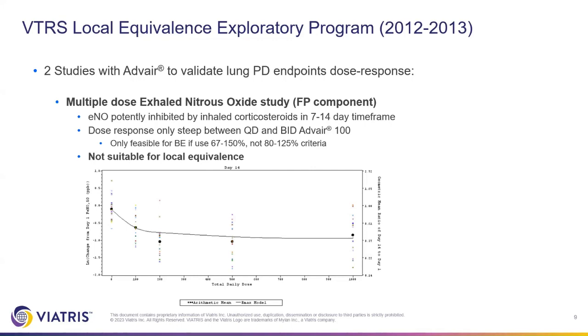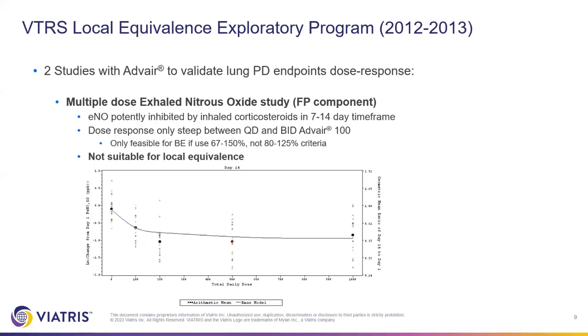We looked across 14 days of dosing. We did a crossover study. We ensured good washout between periods. But what we found was that all of the dose response for exhaled nitric oxide as an endpoint fell between the once daily dosing of the low strength and the twice daily dosing of the low strength.